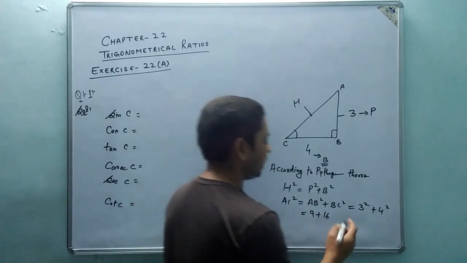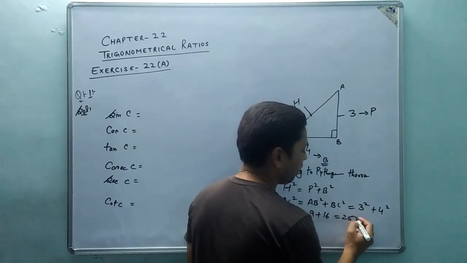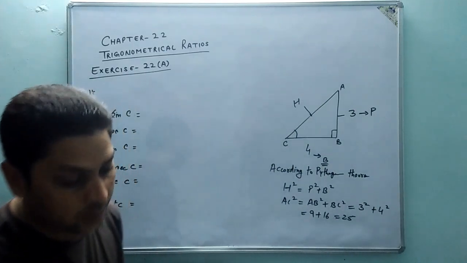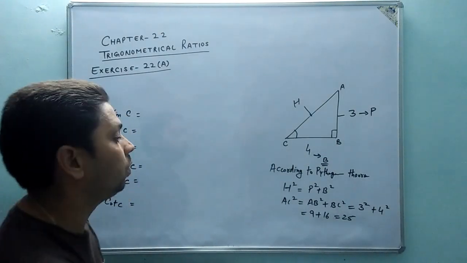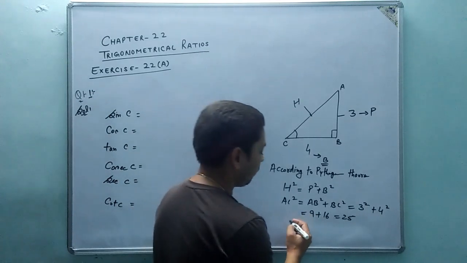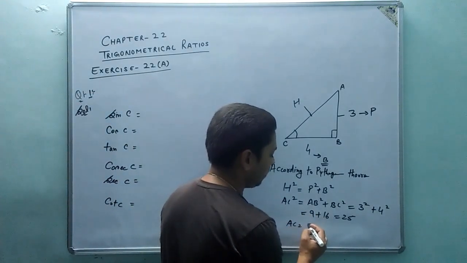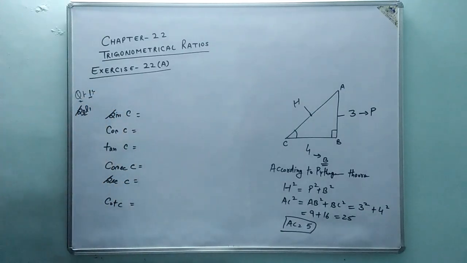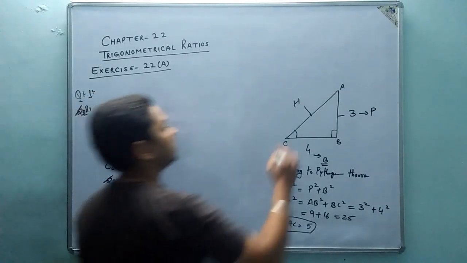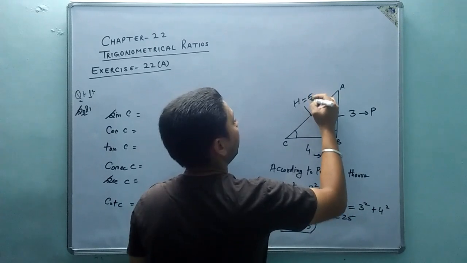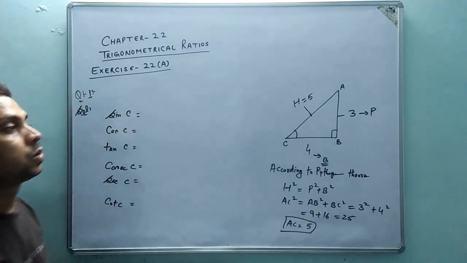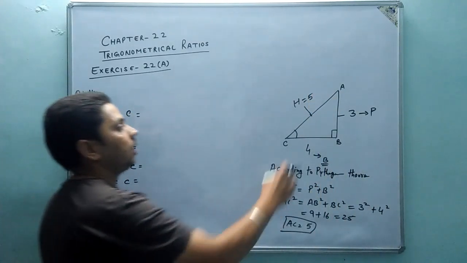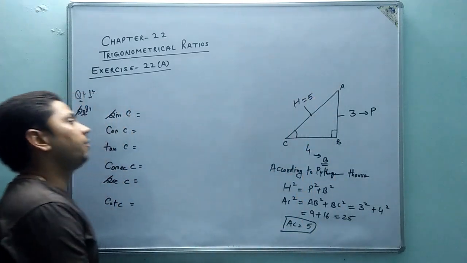So 9 plus 16 is equal to 25. So what will be AC? AC will be equal to square root of 25, that is equal to 5. So AC is equal to 5. So the longest side of the right angle triangle is 5 here.